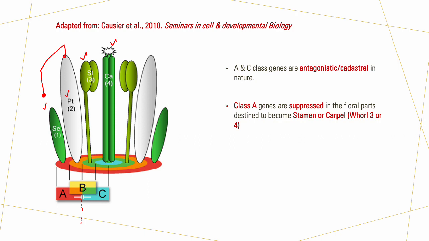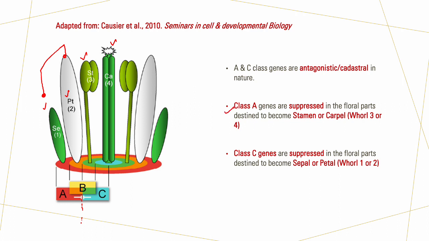While the class C gene suppresses the A genes in whorl number 3 and 4. You can see accordingly that class A genes are not active or not working in whorl number 3 and 4. Whorl number 3 and 4 are stamen and carpel. Here, if you see this region, A genes are suppressed.